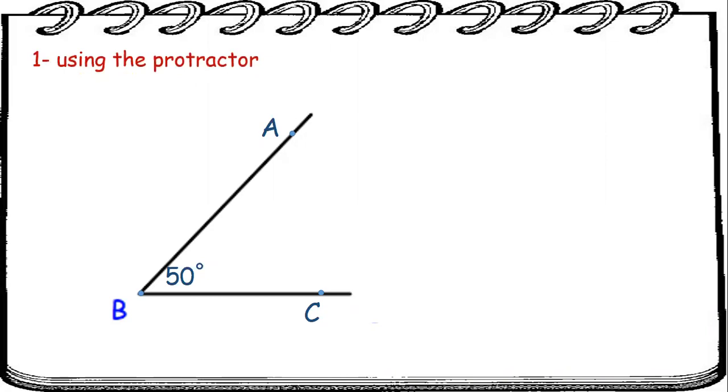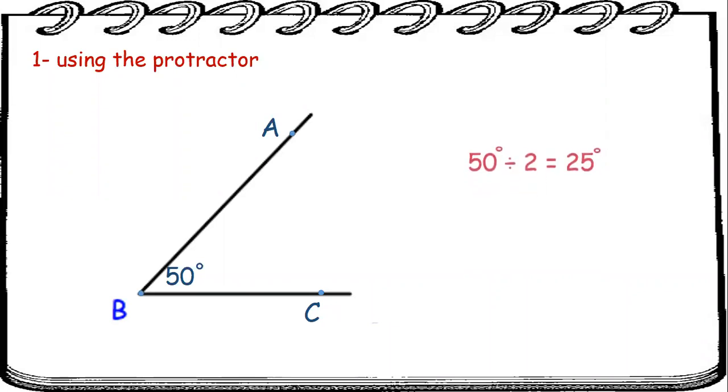For example, we have this angle ABC with measure 50 degrees and we want to draw the bisector of this angle using the protractor. We know that the bisector divides the angle into two equal adjacent angles. So we want to know what is the half of 50 degrees.